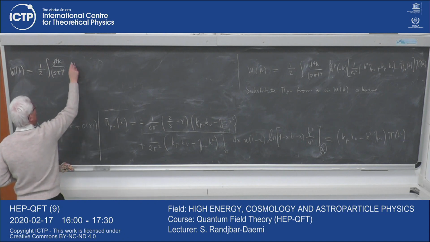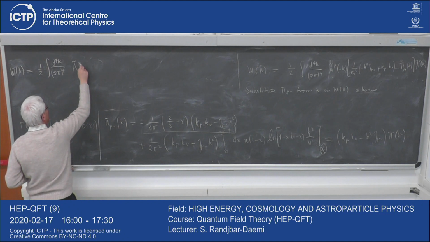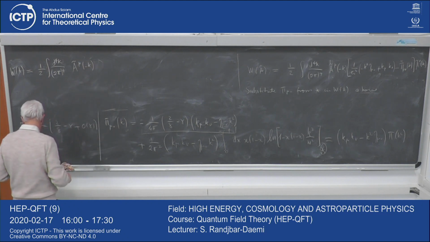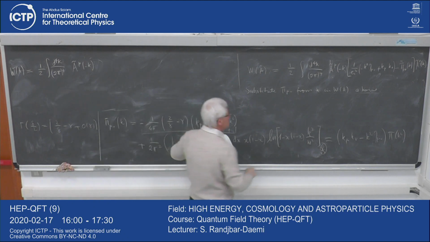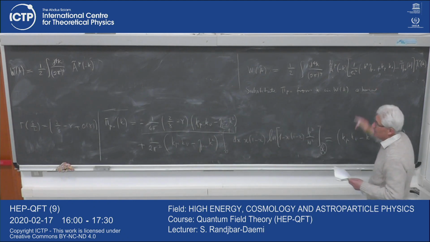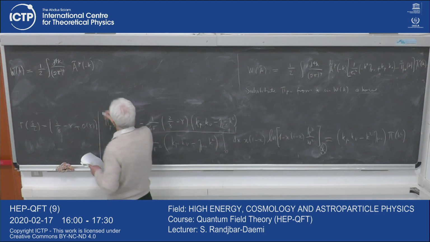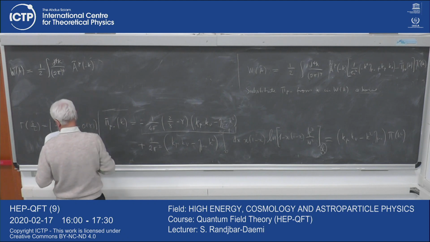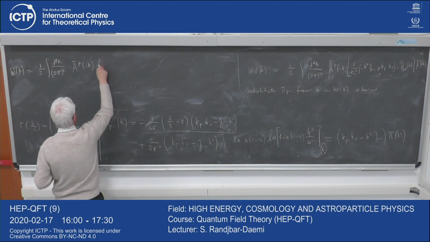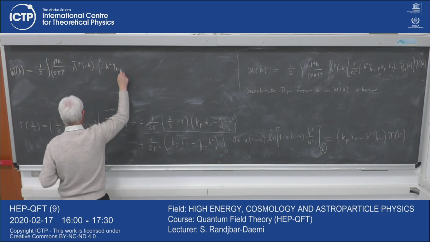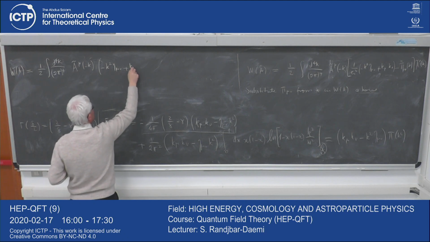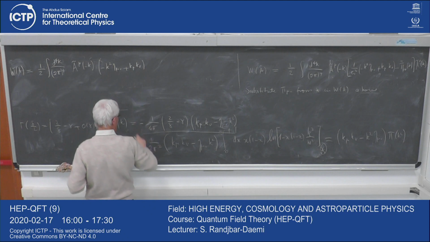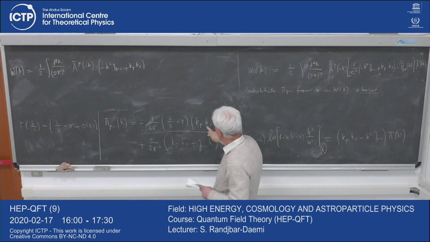So there is a prefactor in W. Then there is this tensor, which is common to both of them. In fact, it's common to everything. So I'll put it as a common tensor in order for the whole expression to fit on the blackboard. So minus k squared eta mu nu plus k mu k nu. This is the same expression that I wrote; I wrote this factor first and that factor second.